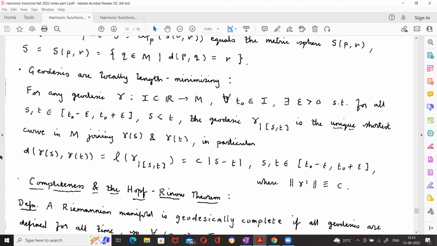In particular, the distance between gamma(s) and gamma(t) is equal to the length of gamma restricted to [s,t]. This is equal to a constant times mod s minus t, where the constant is the norm of gamma prime, the speed of gamma.